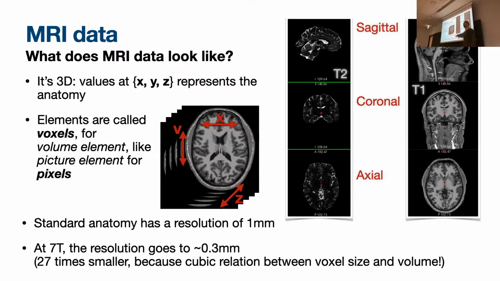If you go to 0.3 millimeters, it's about the amount of tissue in that voxel, in that cube. If you go to 0.3, you have 1/3, 1/3, 1/3. You have to multiply these, right? So the amount of volume inside of the 0.3 millimeter cube is only 1/27th of what was in that original 1 millimeter voxel, right?